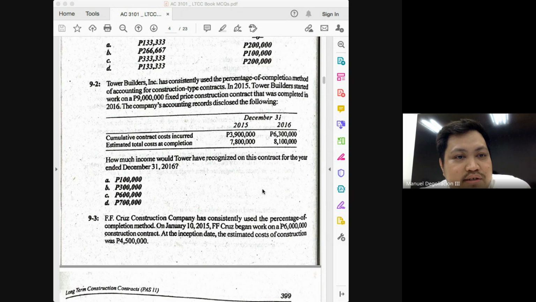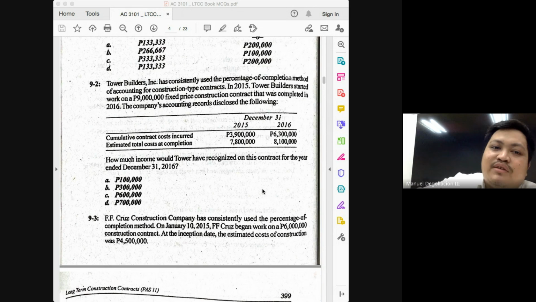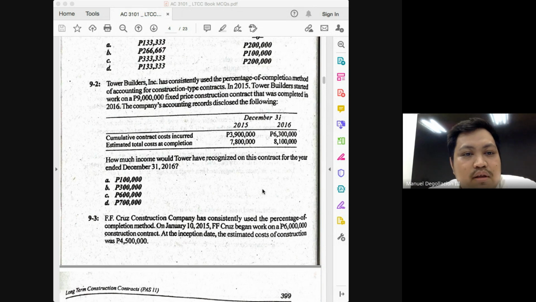In other words, this is an easy problem. You did not have to solve for cost at completion. So how much then is our expected gross profit? Contract price of 9 million and then cost at completion of 7 million 800. So this would give you 1 million 200.